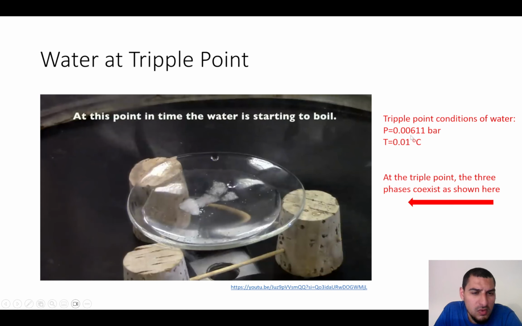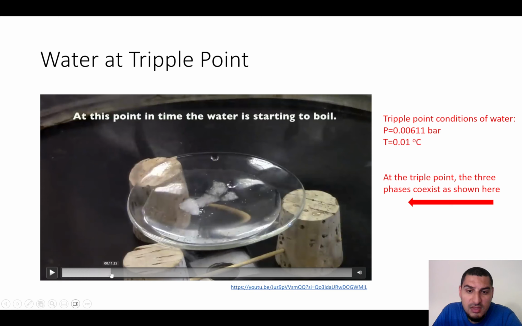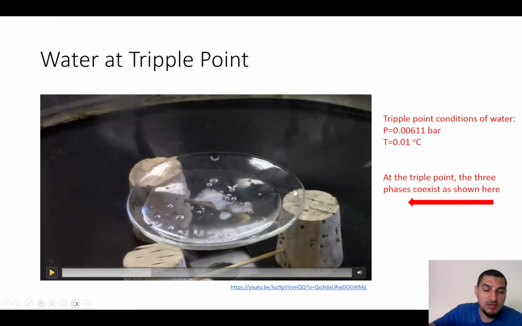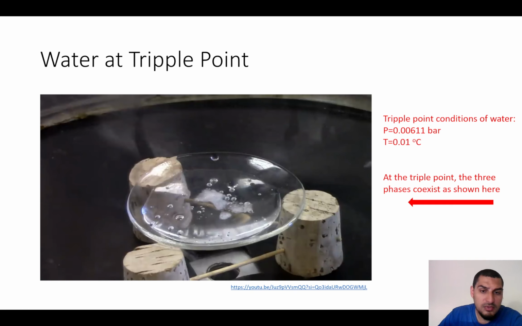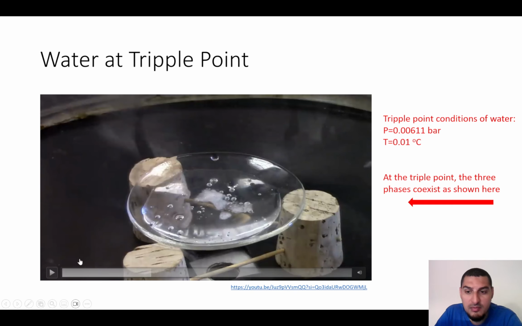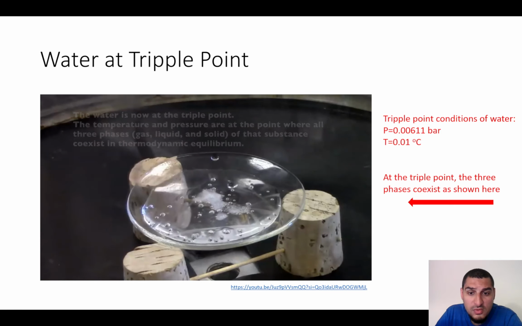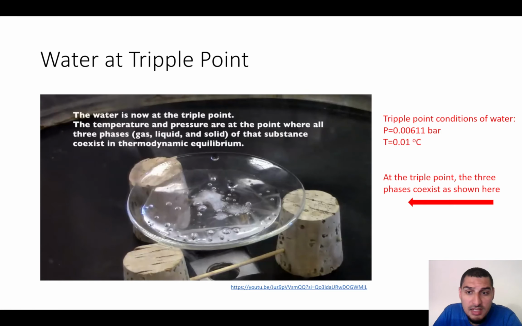So it's a very accurate point of pressure and temperature. It's well studied. At the triple point, what we will see here is a container of water that is kept in a vacuum chamber at very low temperature, and the pressure is decreasing until it reaches the triple point pressure. So what you see now is water at the triple point.